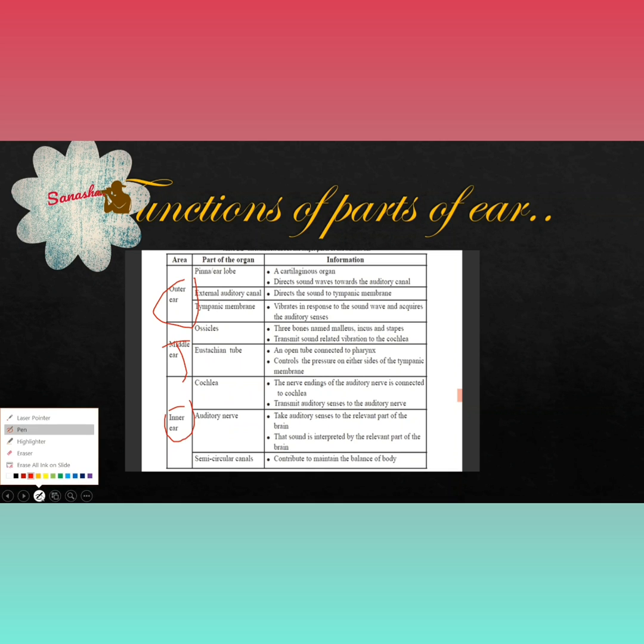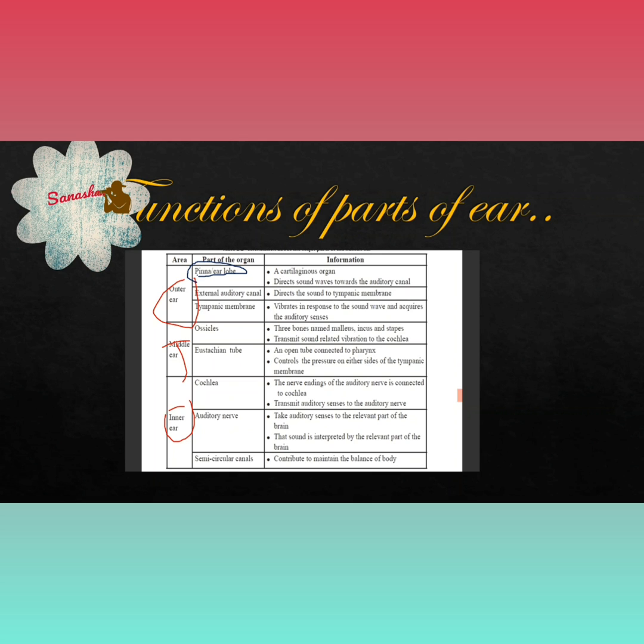So the main part of the outer ear is the pinna or earlobe. I told that both these names are similar. So the function of the pinna or the earlobe, a cartilaginous organ, is to direct sound waves towards the auditory canal.